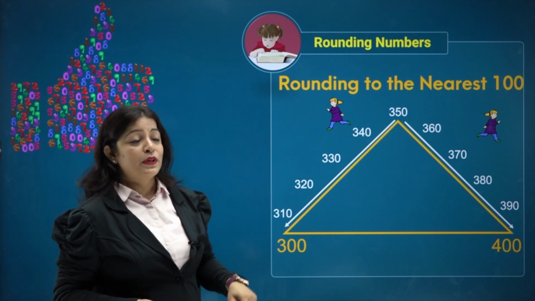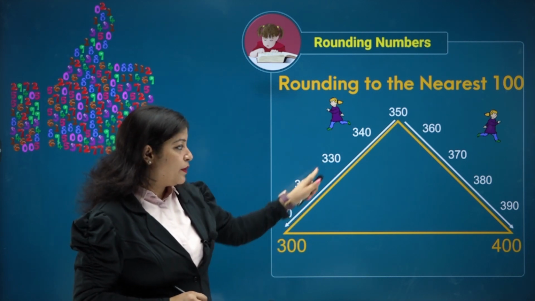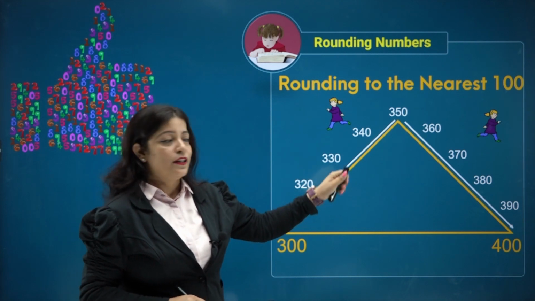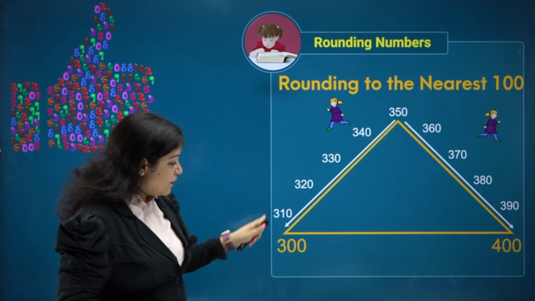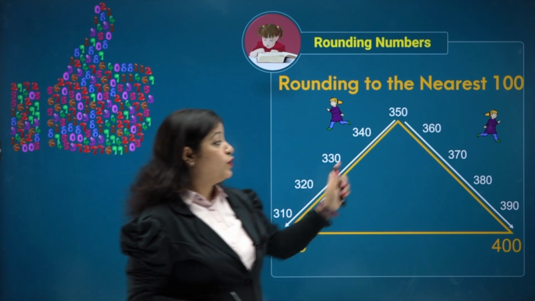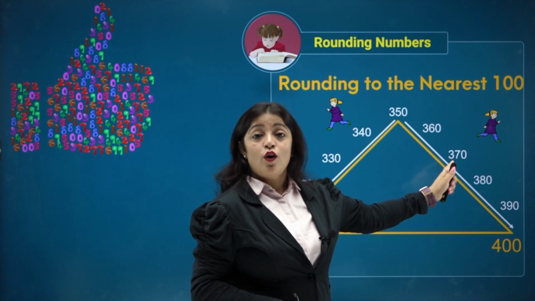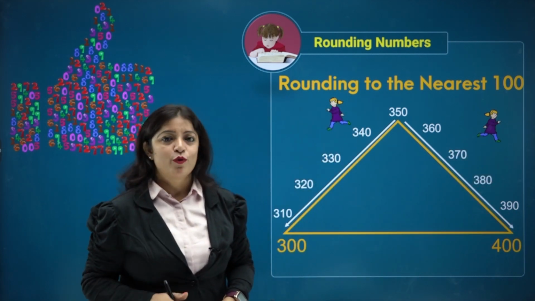If I give you a number 323, so 323 will lie between 320 and 330, that means towards the lesser side of the hill. So 323 will also be rounded off to 300. In the same way, if I give you a number 370, obviously you will move to the higher side and it will be rounded off to the number 400.